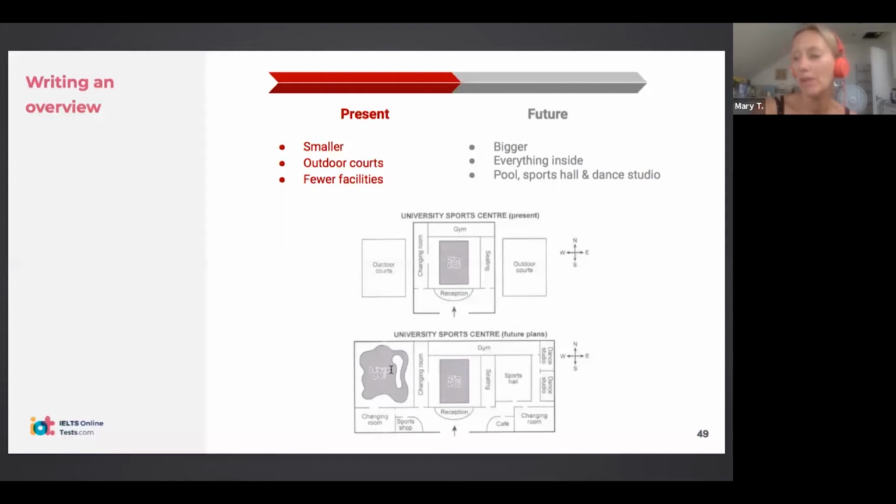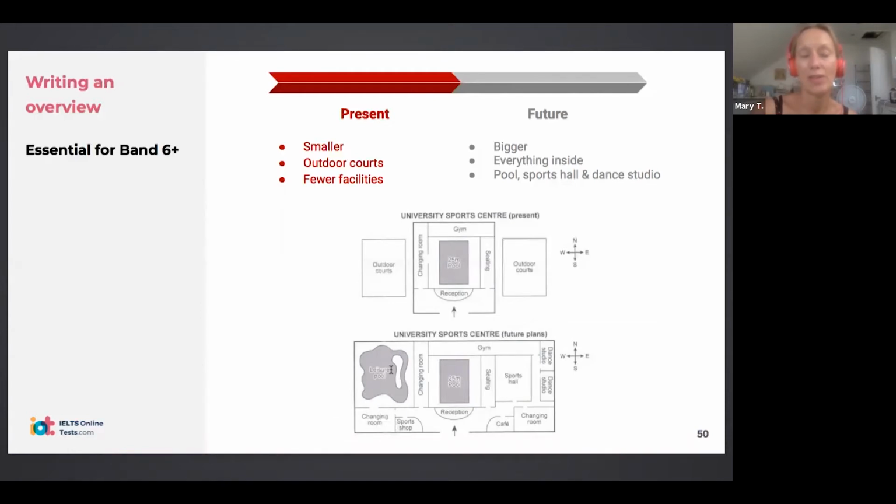Okay, so now moving on to the overview. You've got the basic details there. So the present, as we said before, smaller outdoor courts, fewer facilities, whereas in the future, everything is bigger, everything is inside, and there are more facilities such as pool, sports hall, and dance studio.